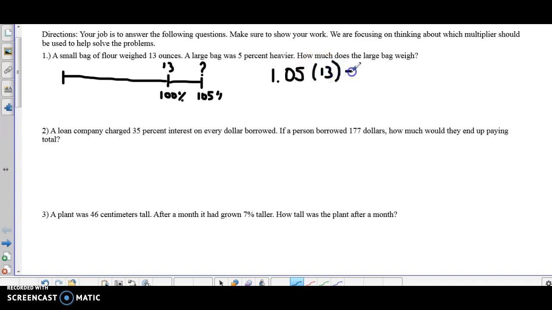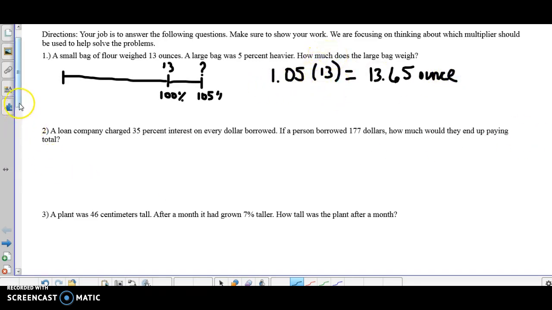And when you calculate this, I'm not going to calculate it out just because I don't want to run out of time on the video. This would be 13.65 ounces. Notice that was pretty quick and painless to do it that way. The hardest thing is to figure out what percent we have to multiply times the amount given.